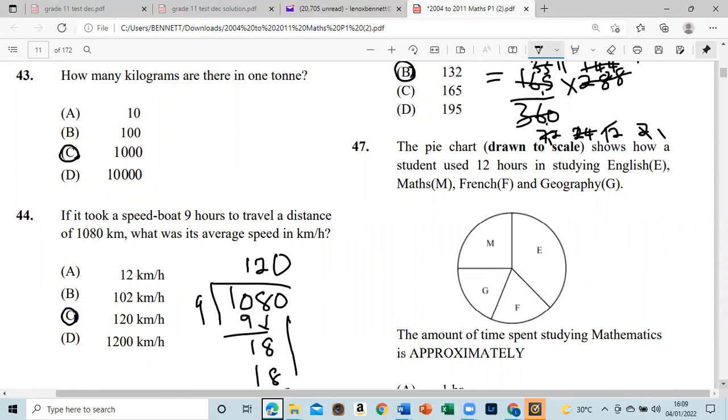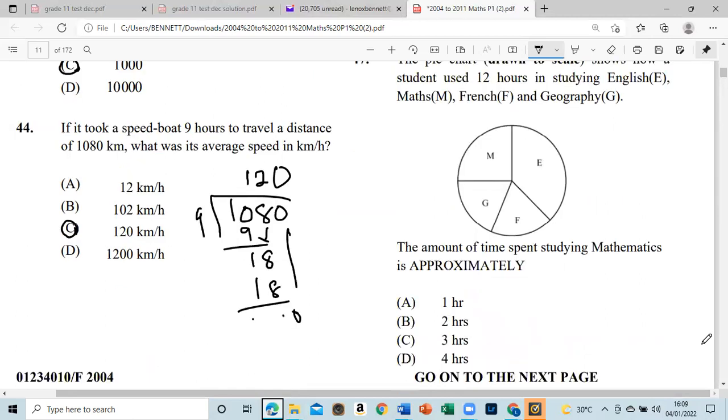The pie chart, not drawn to scale, shows how a student used 12 hours in studying English, math, French, and geography. Okay. So the question is, the amount of time spent studying mathematics is approximately, I could say 12 hours, right? So then we could say English and French, approximately 6 hours, right?